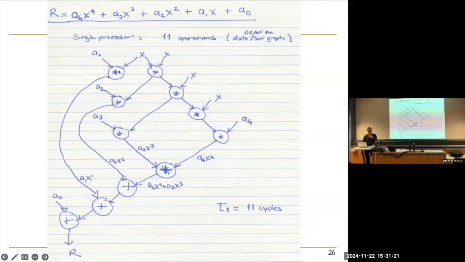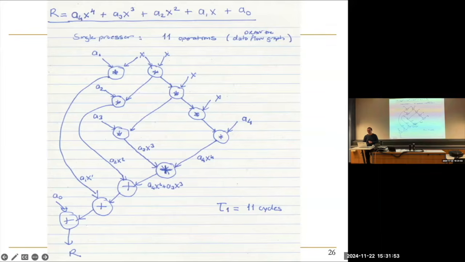Then you compute a1 x, a2 x squared, a3 x cubed. Then you start adding a3 x cubed with a4 x^4, then you add a2 x squared to it, then a1 x to it, and then a0 to it, right? You have 11 operations. Anyway, you basically count the number of operations. 11 cycles.